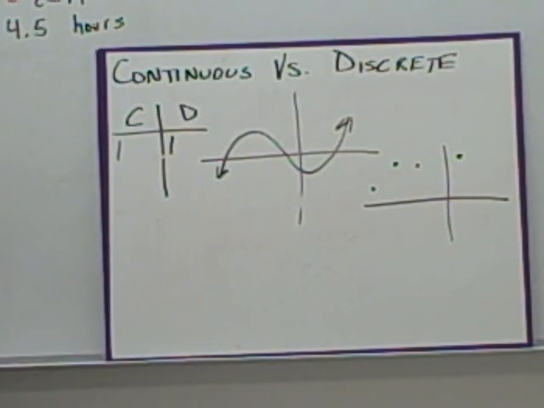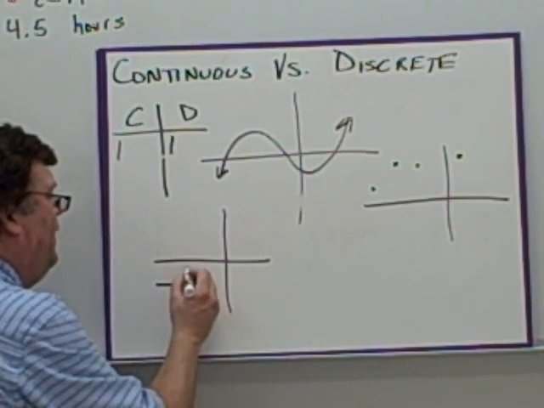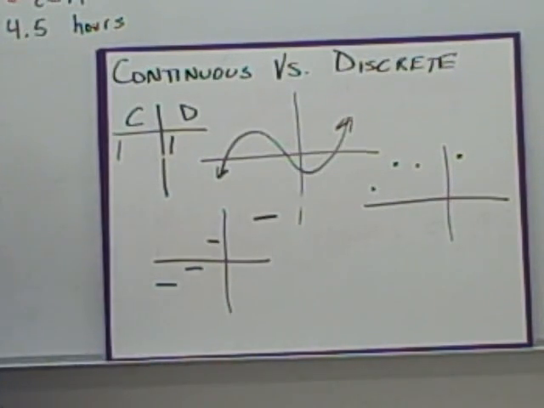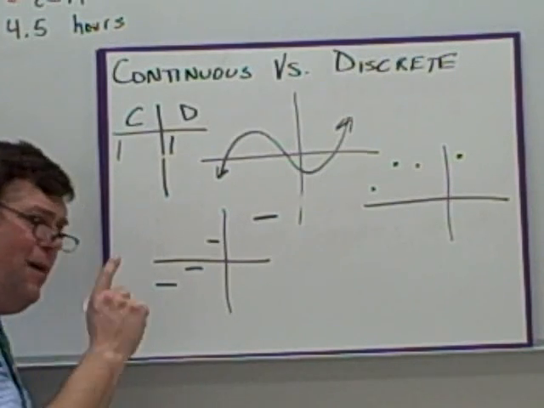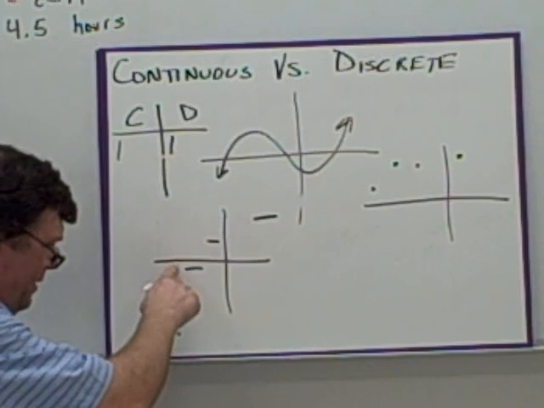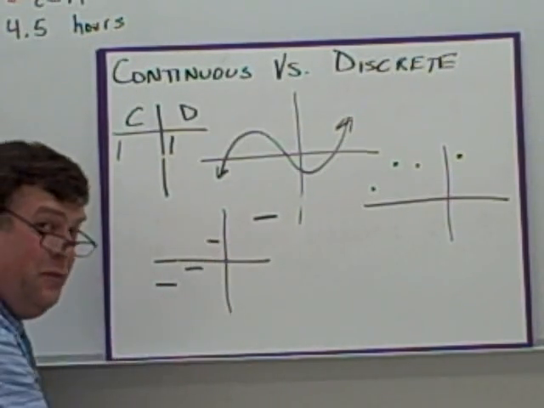All right, what about this one? I got a line here, and a line here, and a line here, and a line up here. Well, we do have lines in it, and lines are a part of the continuous. But there's a disconnect here, and another disconnect here, and another big disconnect between these.